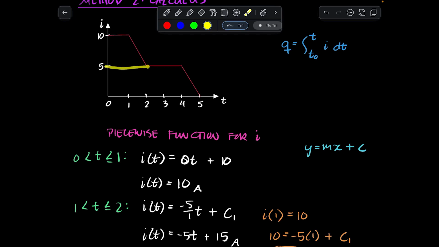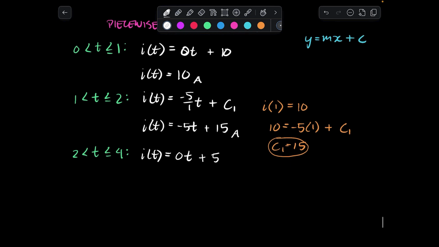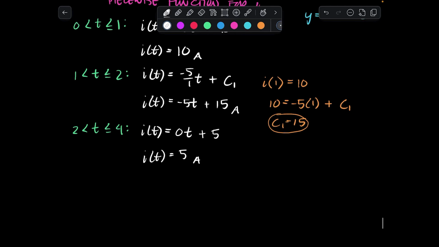And we can see clearly that it would hit 5 here at the y-intercept. Therefore, this equation is going to be 0 times t plus 5. Therefore, I of t is just 5 amps between 2 and 4 seconds.